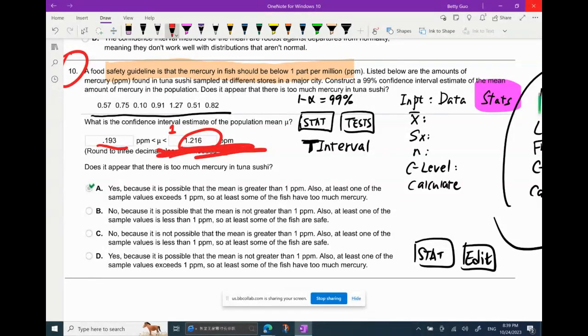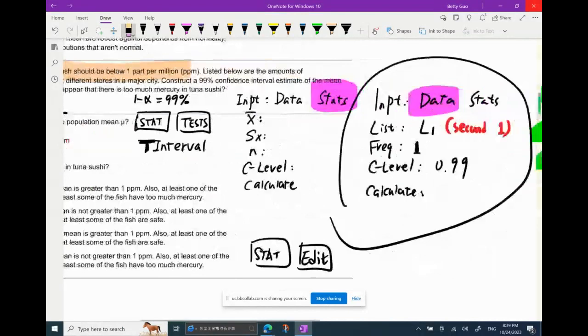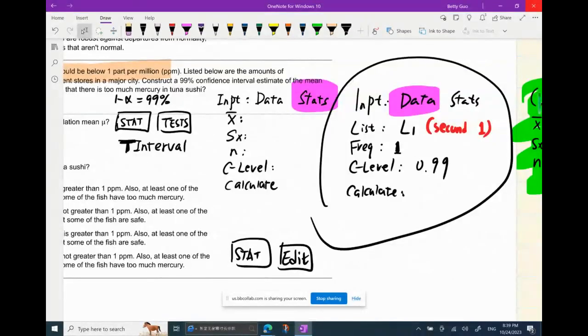All right, the main purpose of this question is to show you how to use technology to construct the confidence interval for the population mean. This question did not give us the stats.